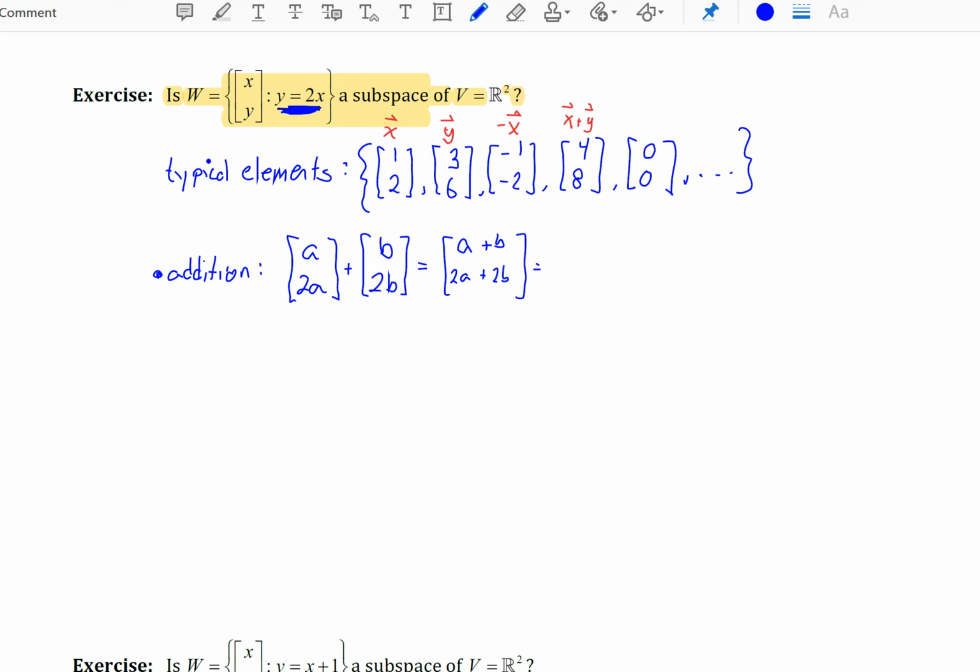Notice, though, you could factor out a common factor from each of these y terms. And notice that the resulting sum is still of the form that y is double what x is. This would still be an element of W. For any A and B that you chose, this would always work.